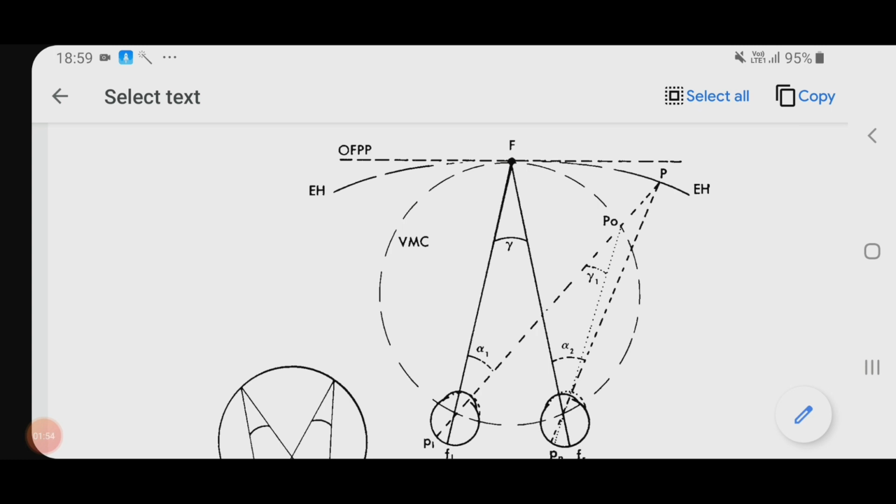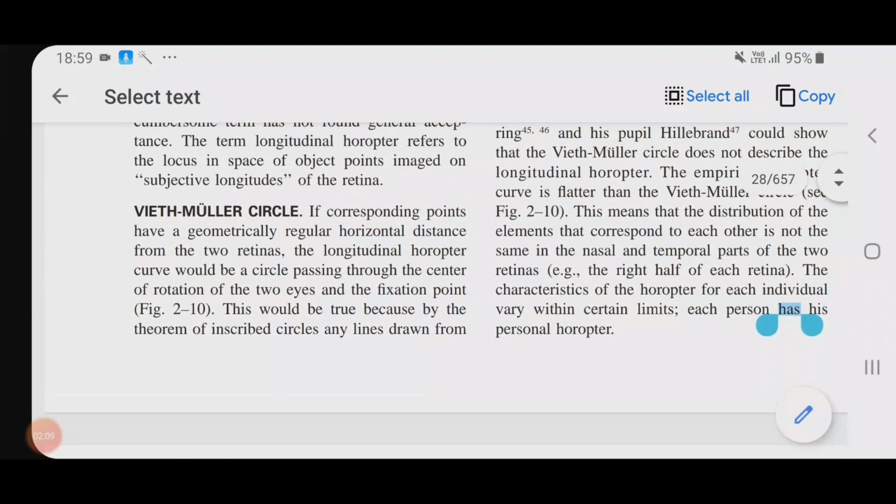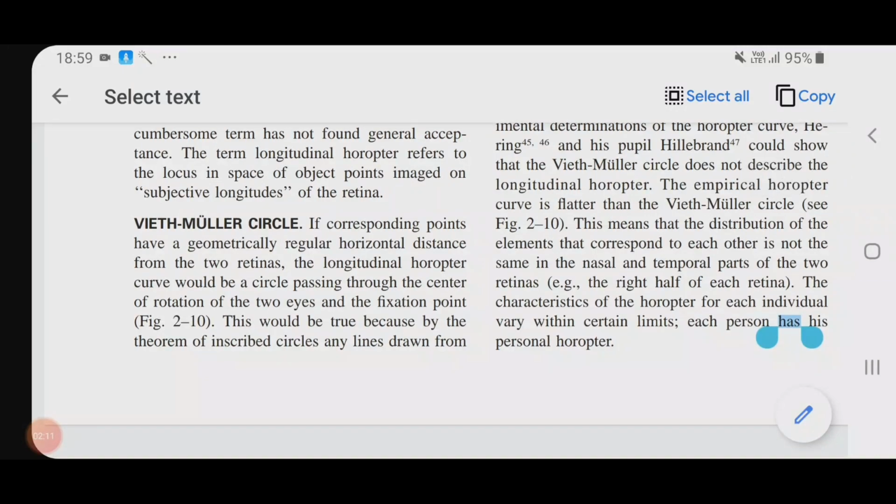It is the locus of all the points falling on it which are stimulating the corresponding retinal points and forming binocular single vision. So this Vieth-Müller circle is nothing but the theoretical Horopter.